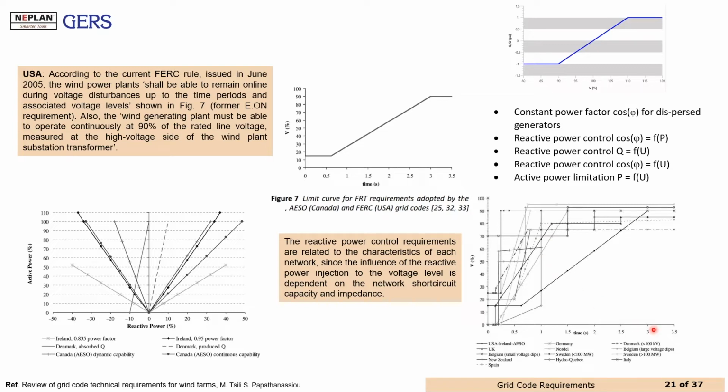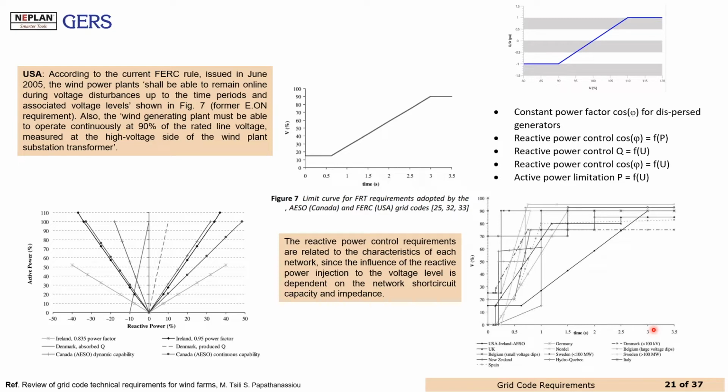Why are the grid code requirements not the same for all the countries? The answer is related to the comments that I presented before. The network topologies and architectures are different. The stakeholders are different. The energy policies are different, and many other topics affect the specifications on the grid code requirements.